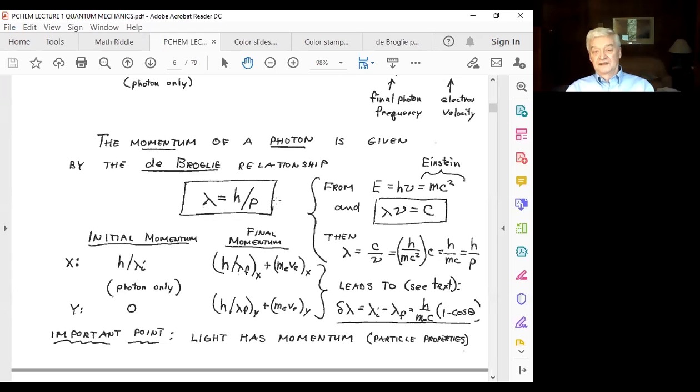And as we see in this particular experiment, light also is going to have momentum. So out of today's lecture, I think that's the main thing that you'll want to remember. Both light and matter are going to have wave properties and particle properties.